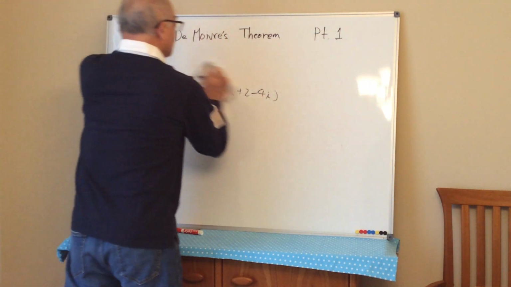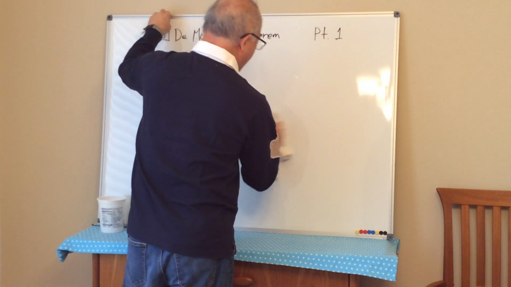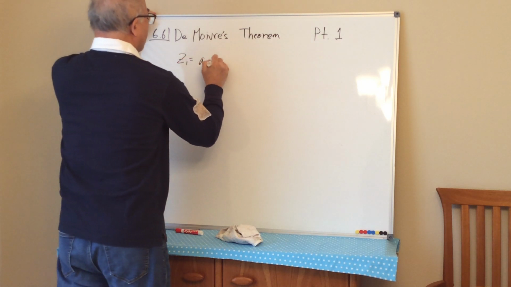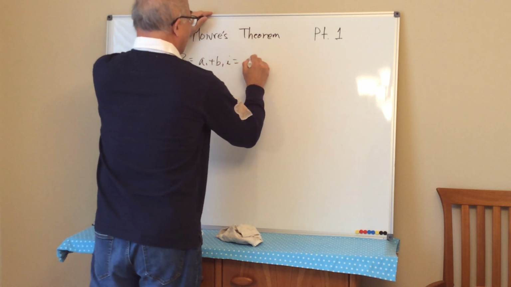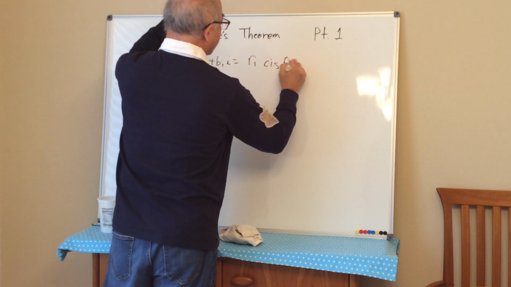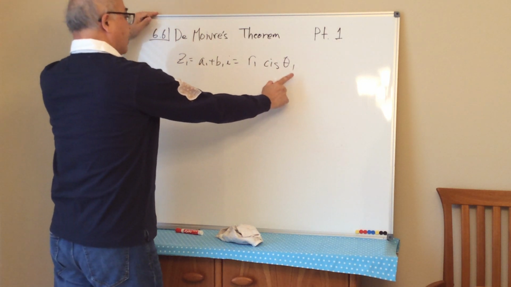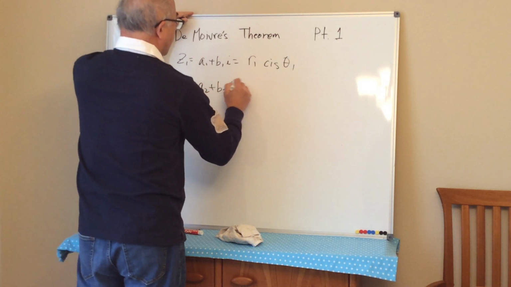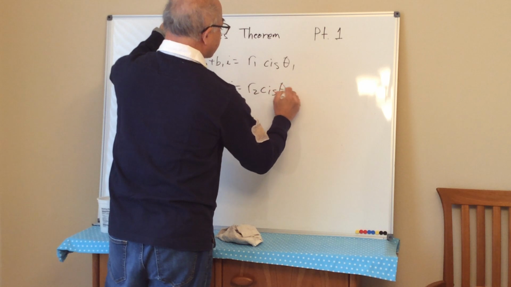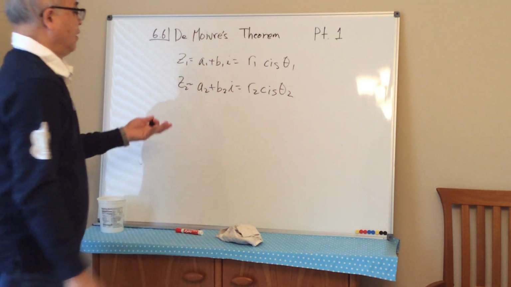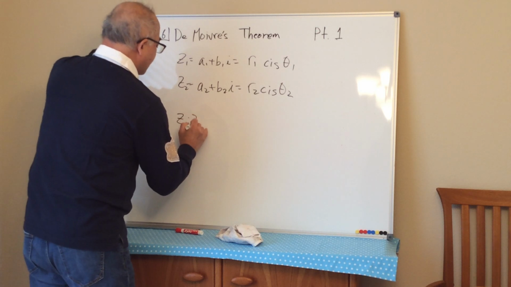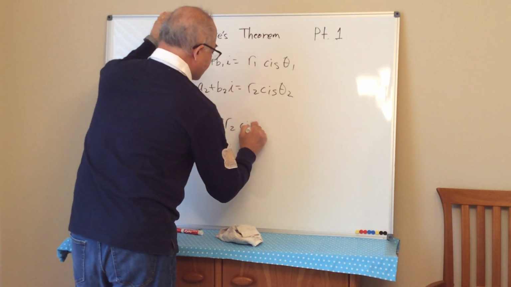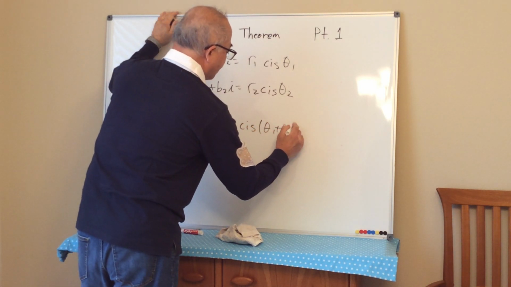Whereas if you use the polar forms, if I have z1 is equal to a1 plus b1i, r1 cis theta 1, with a modulus of r1 and an argument of theta 1, and z2 is equal to a2 plus b2i, r2 cis theta 2, the interesting thing is that z1 times z2 becomes r1 r2 cis (theta 1 plus theta 2).